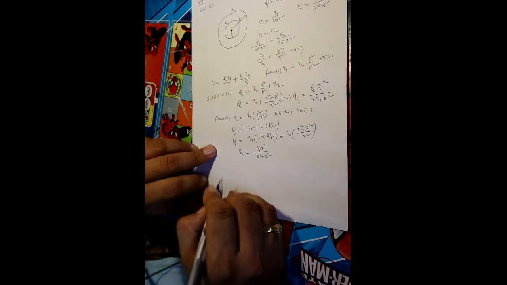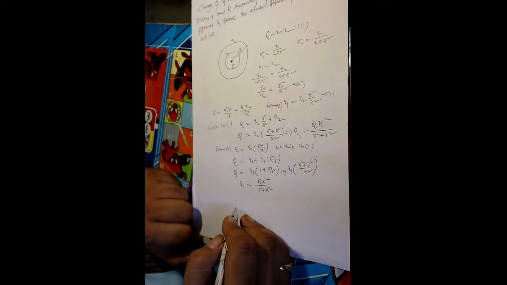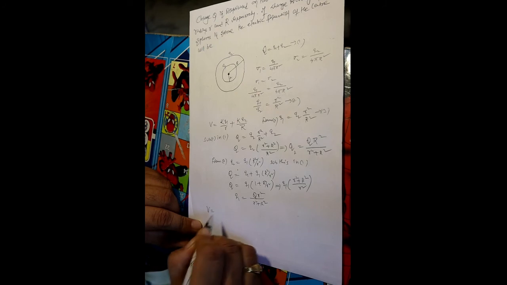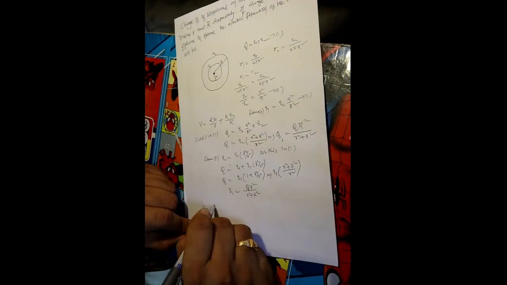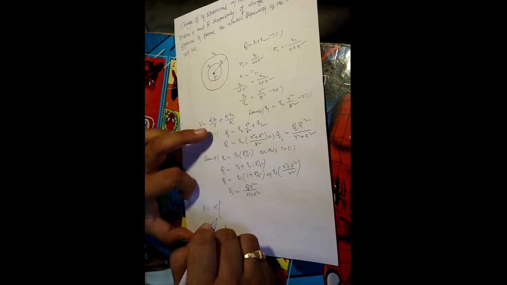Right. Now substitute Q1 and Q2 values in this equation. So here V is equal to K, take K common.